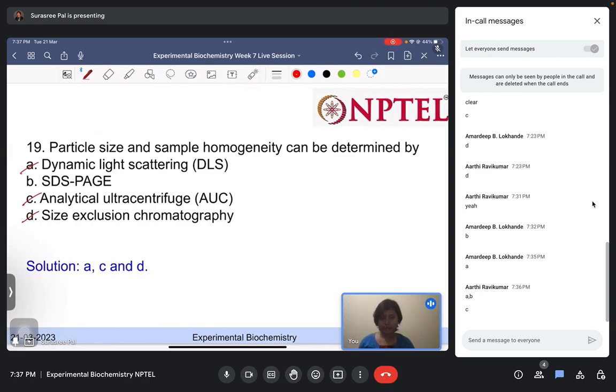In dynamic light scattering, we can determine the diffusion coefficient or the particle size of the sample. In analytical ultracentrifuge, we can determine the sedimentation coefficient along with the mass of the protein. In size exclusion chromatography, we can determine the oligomeric state as well as the molecular weight of the protein sample.